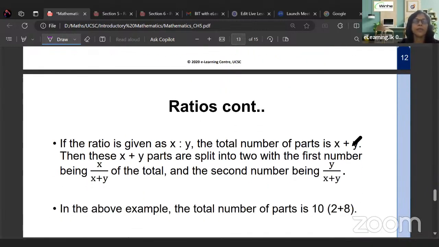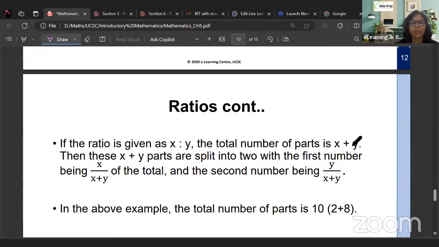So whatever the given ratio, you can calculate the total number of parts by adding all the values in the ratio together. For example, if the ratio is given as x to y, then the total number of parts is equivalent to x plus y, right? As earlier, 2 plus 8. Then you can write each part of the ratio as a fraction of the total number of parts.